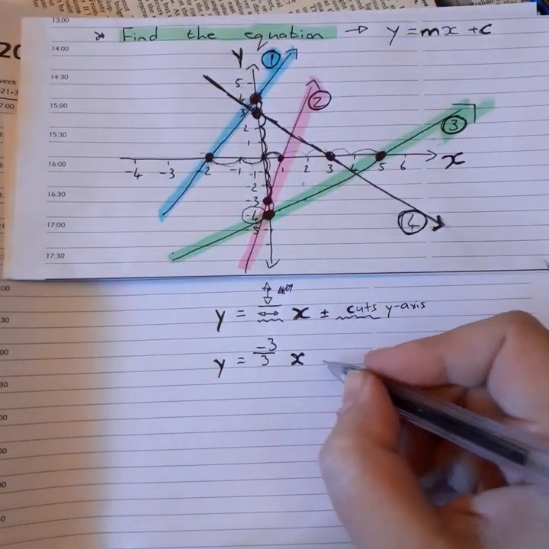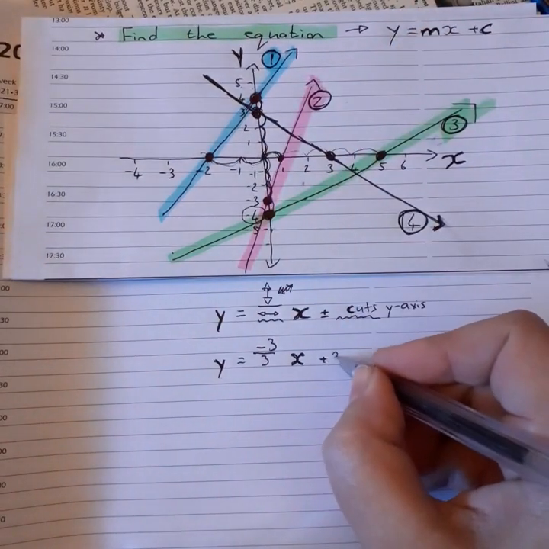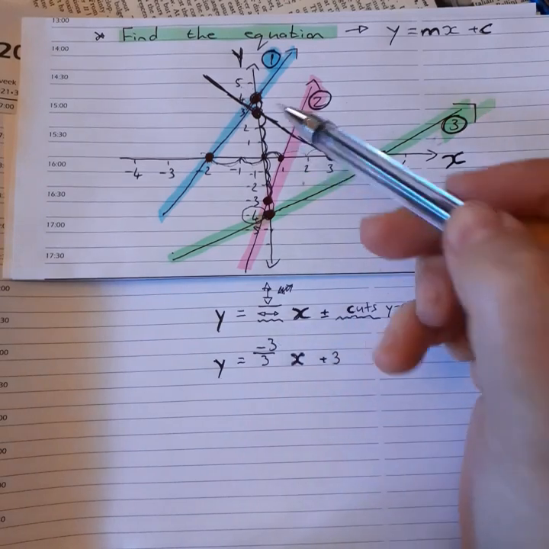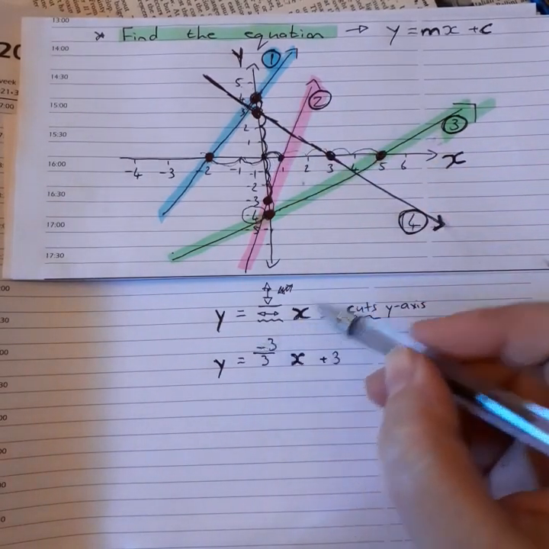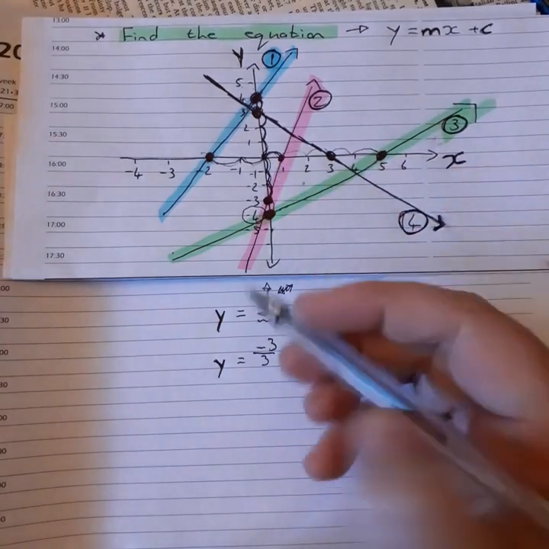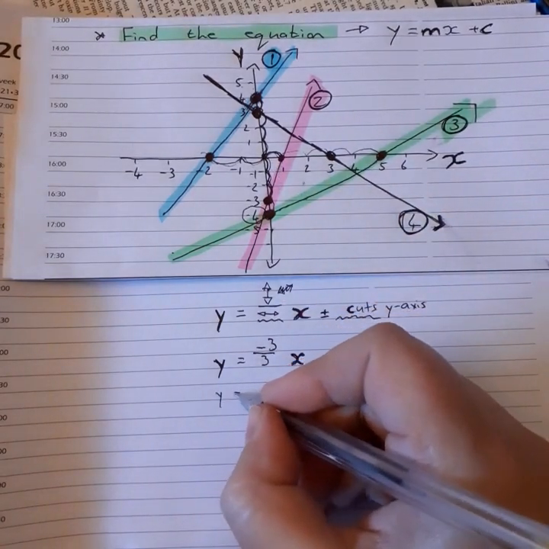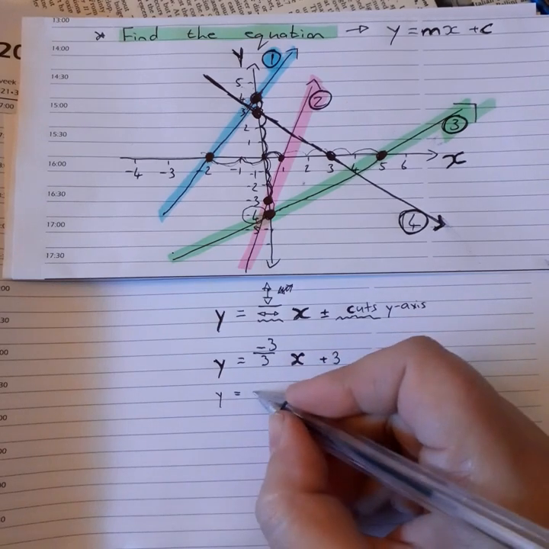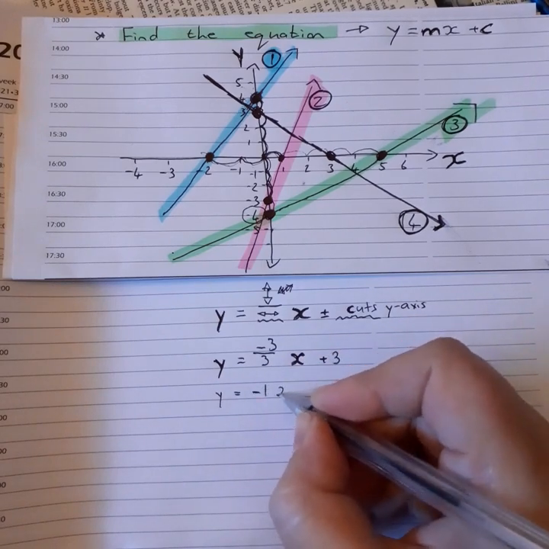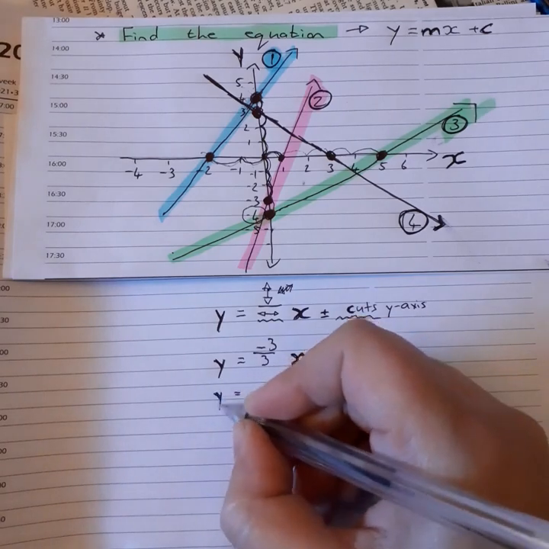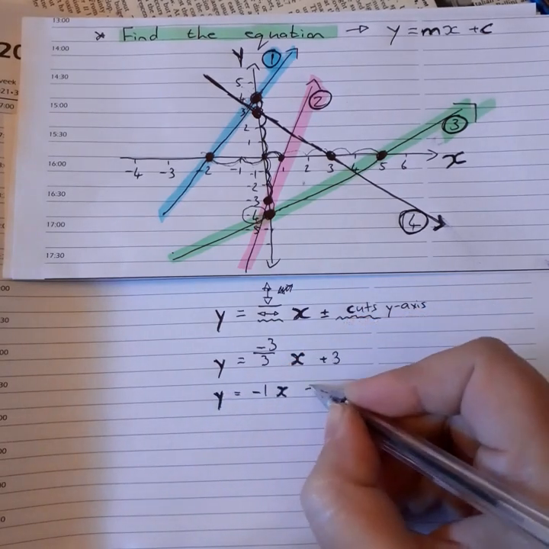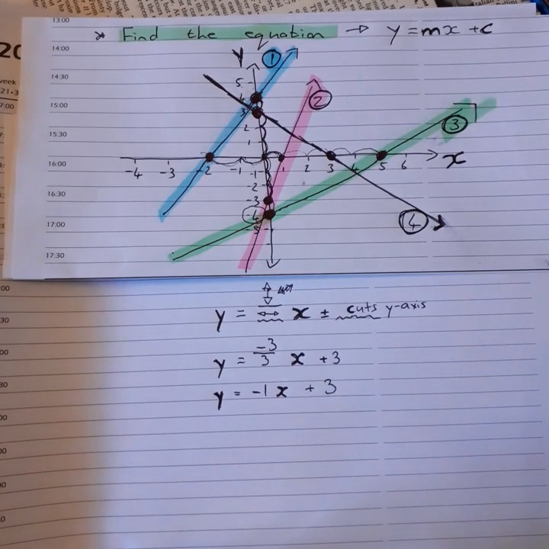At 3. Positief 3. Okay, so ons het afgetel, en toe het ons regs getel. Af is negatief, regs is positief. So we've got negative 3 divided by 3 is negative 1 x. The y stays the same. And where does it cut the y-axis? At 3.